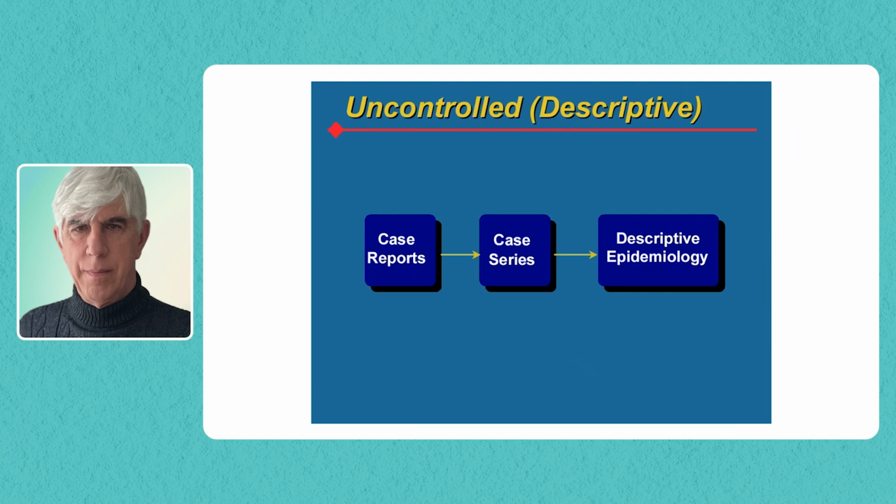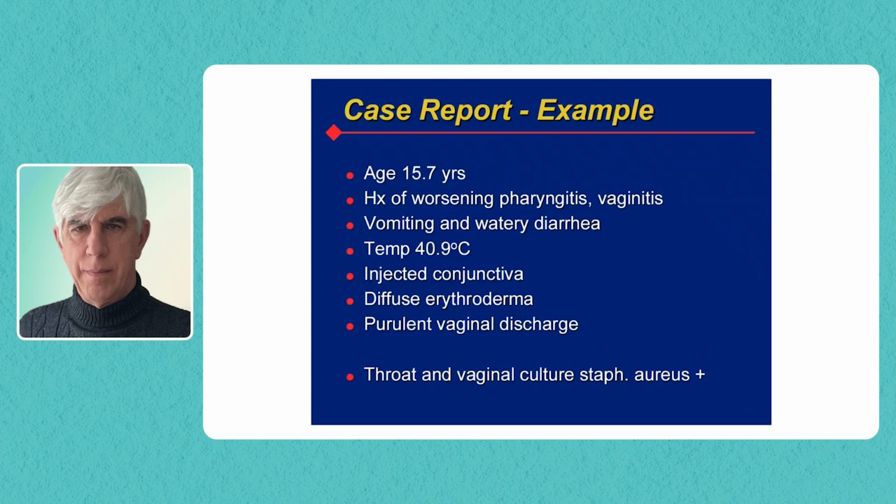Talking about the uncontrolled studies, this is really useful to generate hypotheses. When we talk about a case report, for instance, this is an example of a person, but the same could be applied to a lake, to an animal, to a situation, a condition of exposure, in which you describe in detail what's happening.